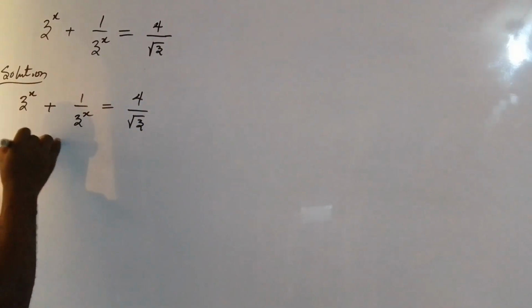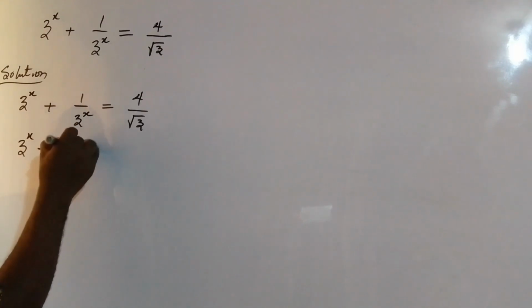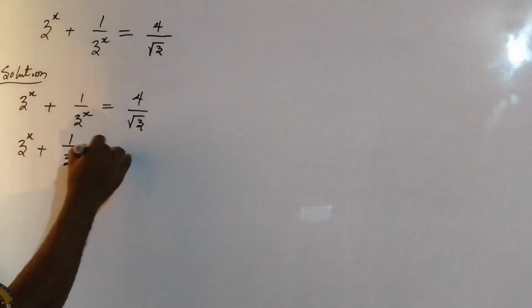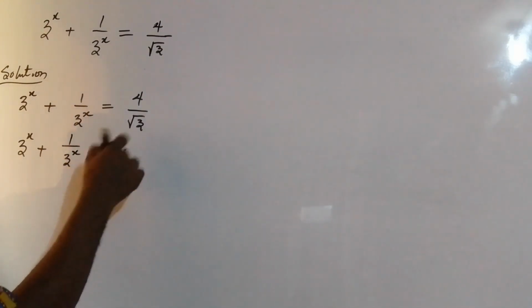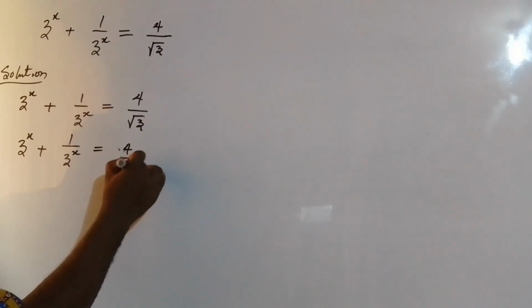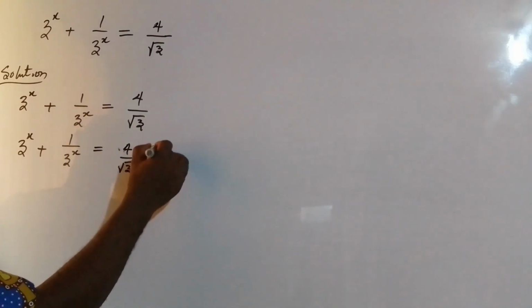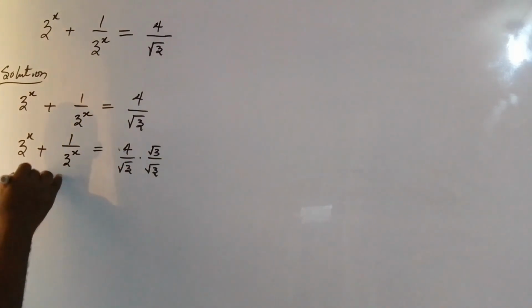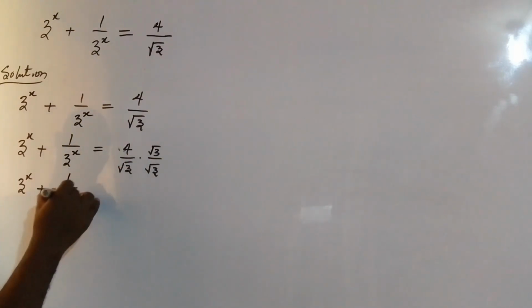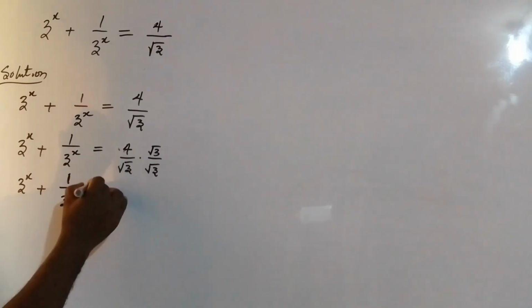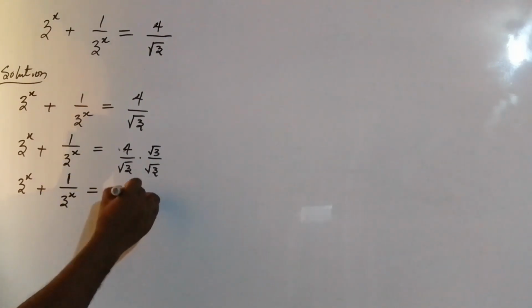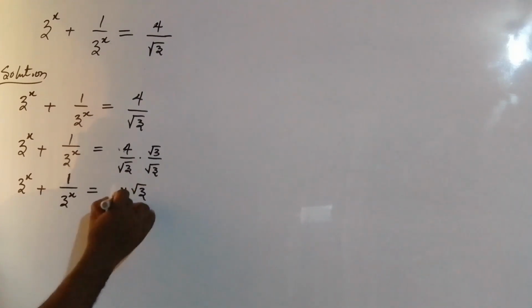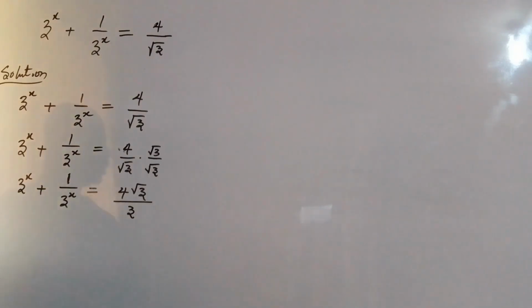So we have 3 to the power of x plus 1 over 3 to the power of x equal to 4 over root 3 times root 3 over root 3. So we have 3 to the power of x plus 1 over 3 to the power of x equal to 4 root 3 all over 3. So that's what we have.